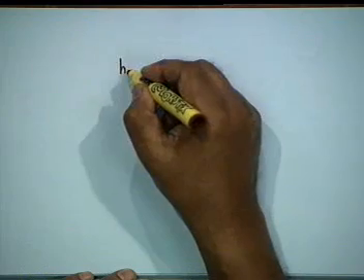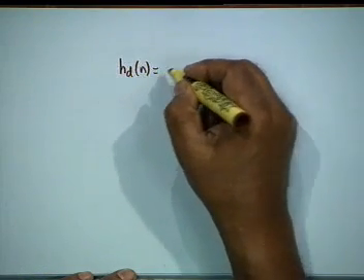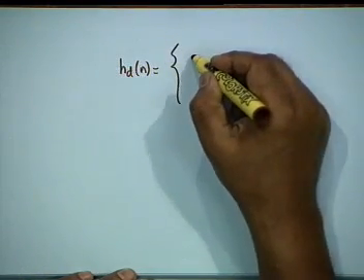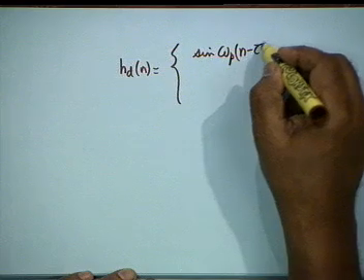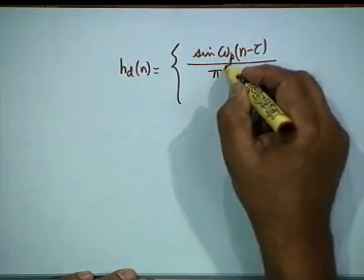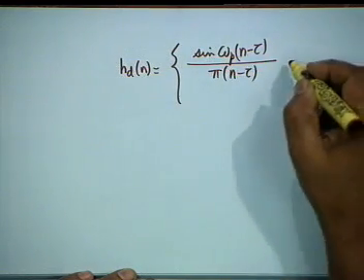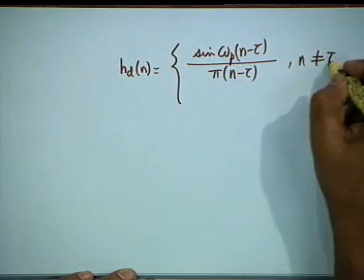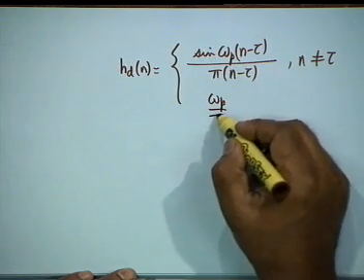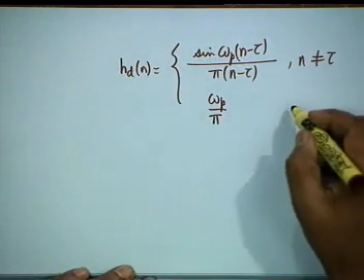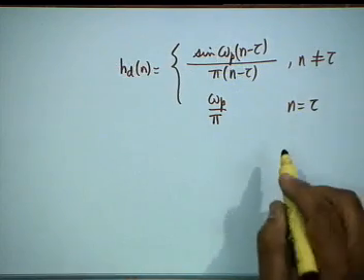Therefore, if we integrate this, the result as we had shown last time is h_d of n is equal to sine of omega p times n minus tau, divided by pi times n minus tau, for n not equal to tau, and it is omega p by pi if n is equal to tau.